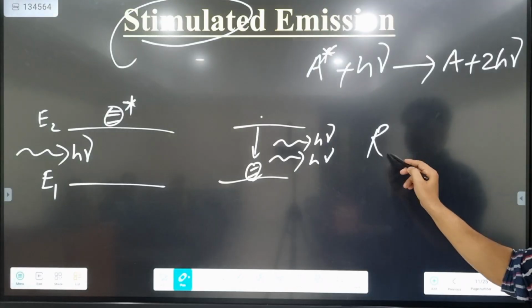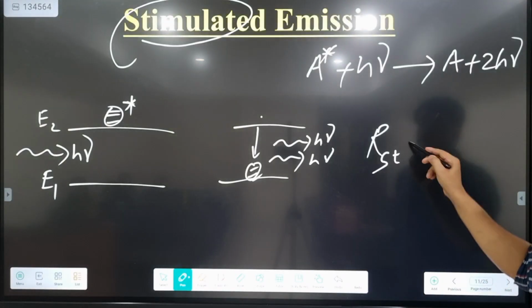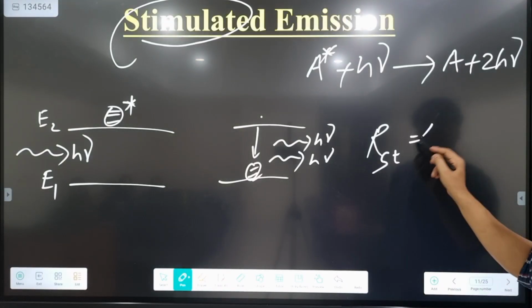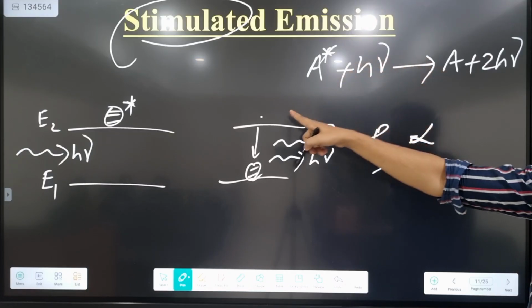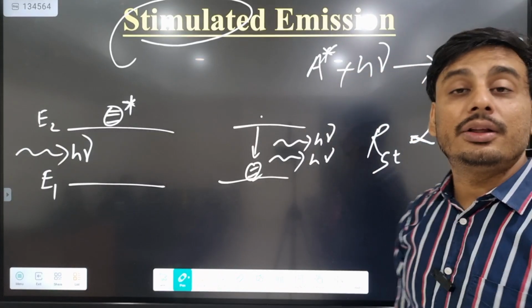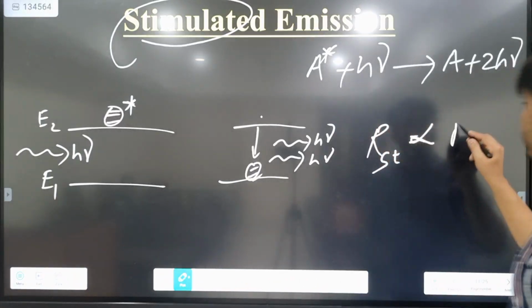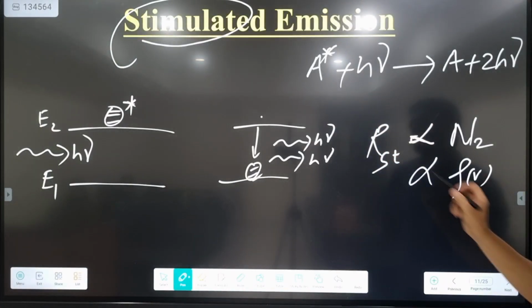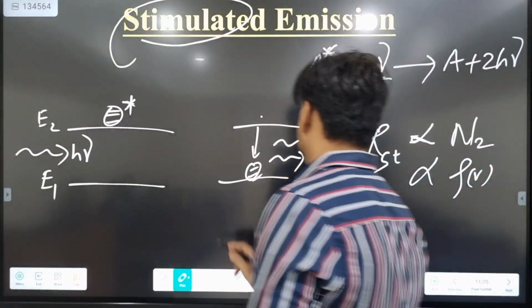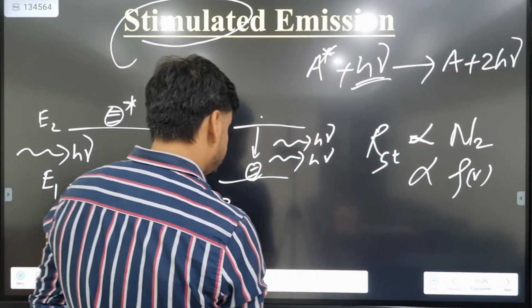And the rate of stimulated emission depends directly upon the energy density, as well as how many particles are present in the higher energy state, that is N2, because we are giving external energy. So you can directly write the rate of stimulated emission.